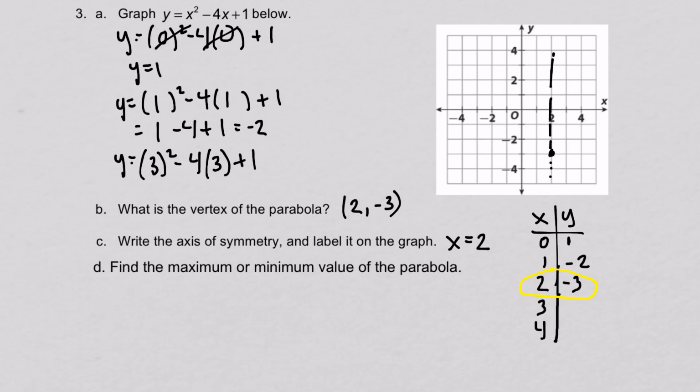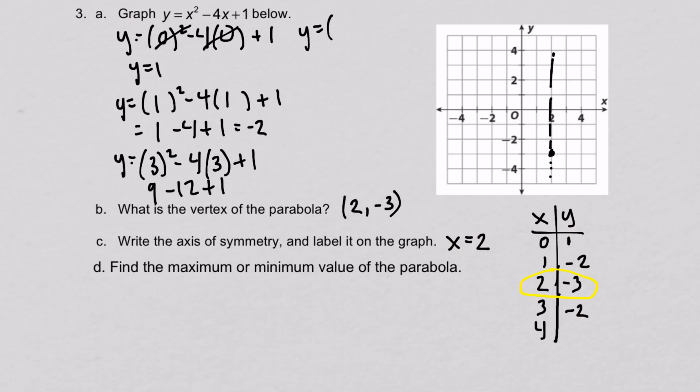So that's 9 minus 12 plus 1. 9 minus 12 is -3. -3 plus 1 is -2, just as I suspected. And the next number should be 1 because they're going to repeat. This is the vertex, and so these numbers are going to repeat on each side. So I should get 1, but just to double check again, let's do it.